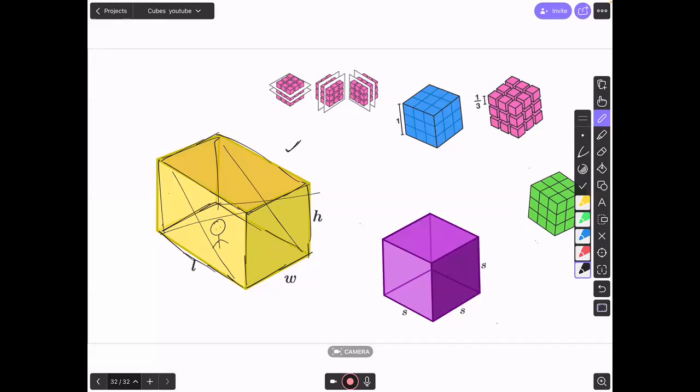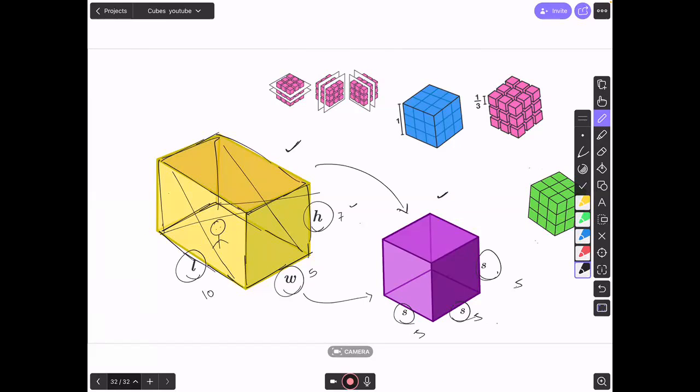Your room has three things. It has a length and a width and a height. Say this is 10, this is 5, this is 7. When all these three become equal, which means length is equal to width is equal to height, like say 5, 5, 5, then your room, which is a cuboid, will look like a cube.